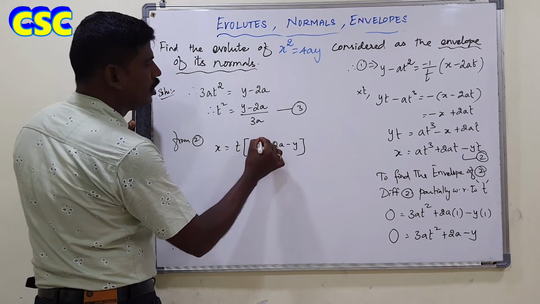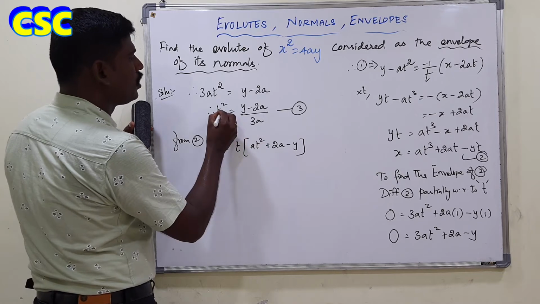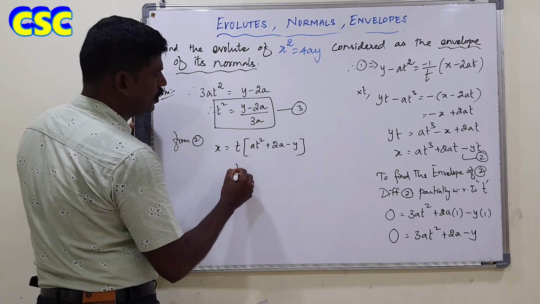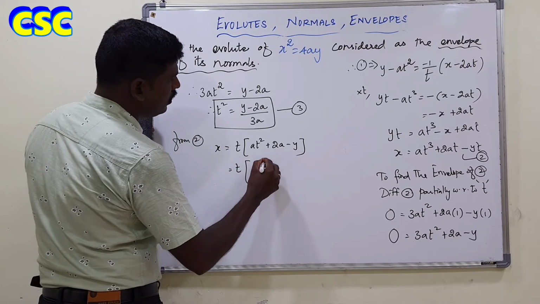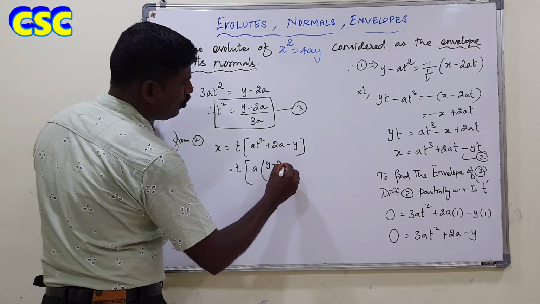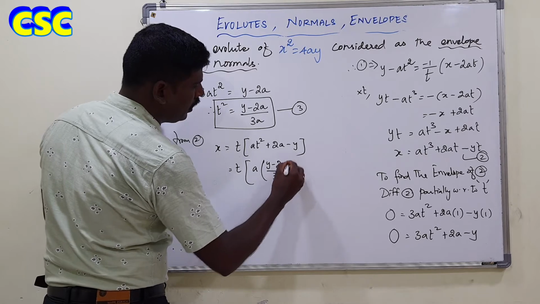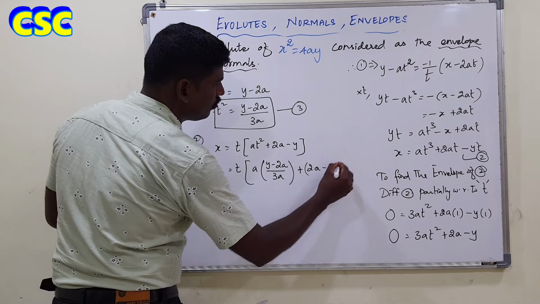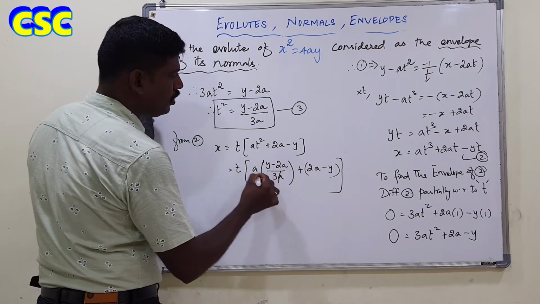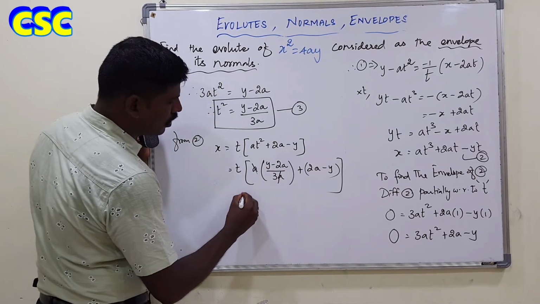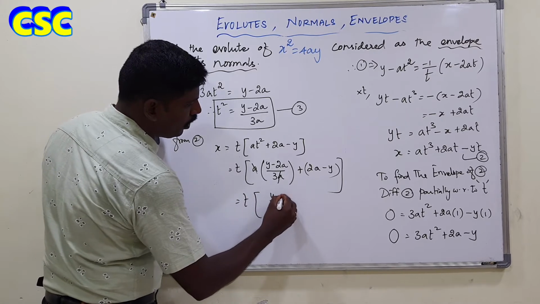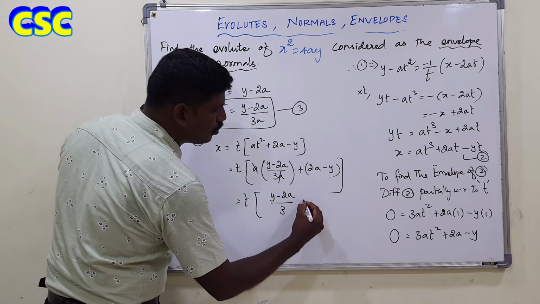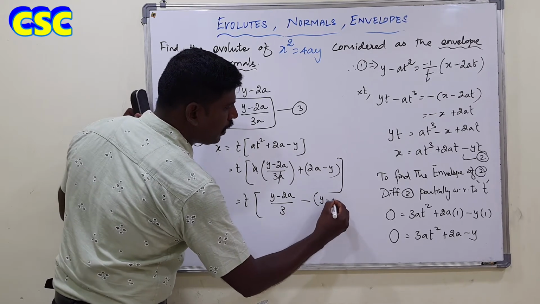Here t square is here, so I am going to substitute the value of t square from 3. So t into a into y minus 2a by 3a plus 2a minus y. I strike out this a with a. So t into y minus 2a by 3, minus y minus 2a.